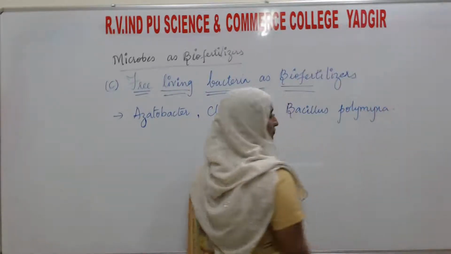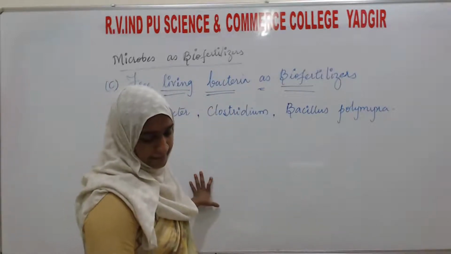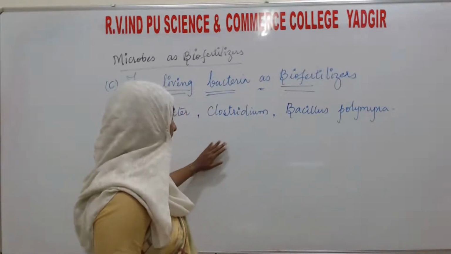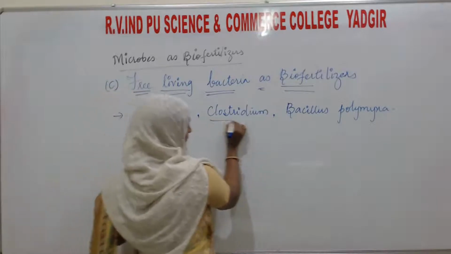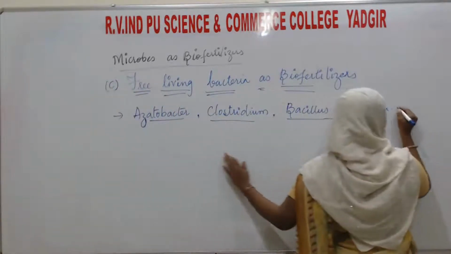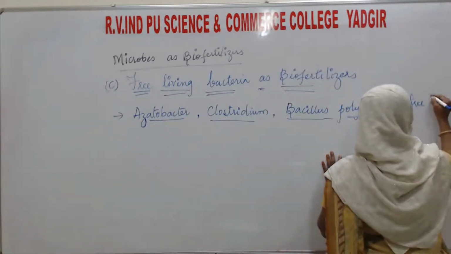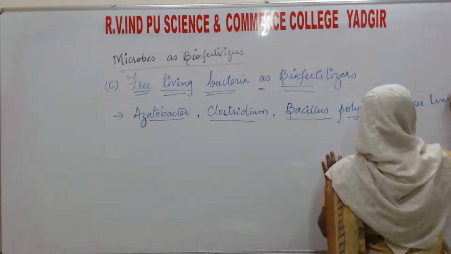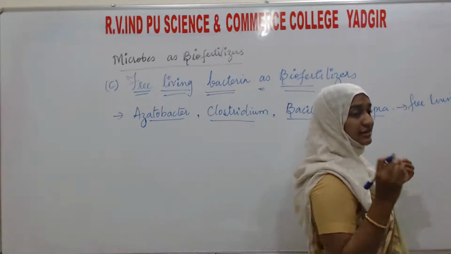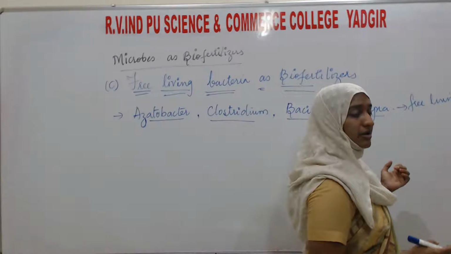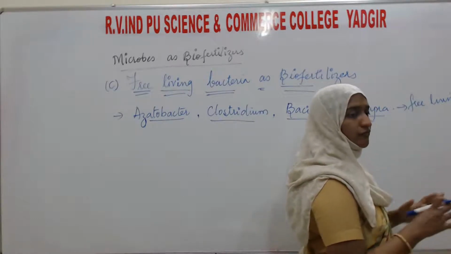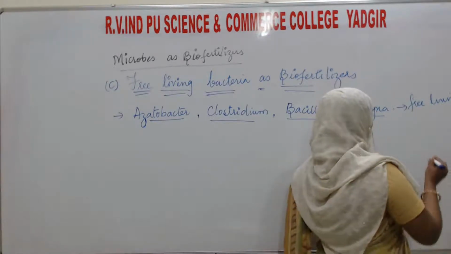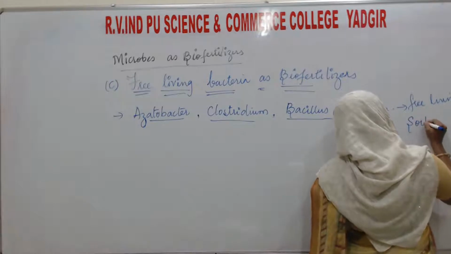These are some of the free living soil bacteria. Free living means they are not in close contact with any other roots. Okay, they are freely present in the soil.